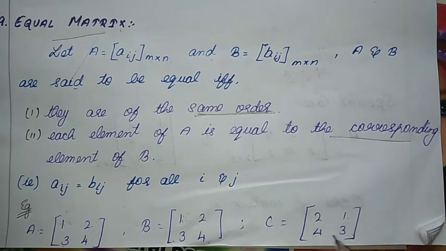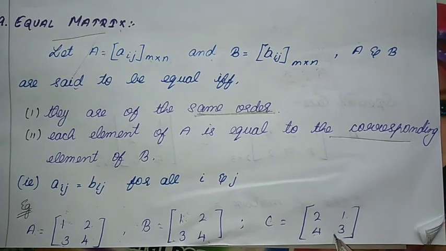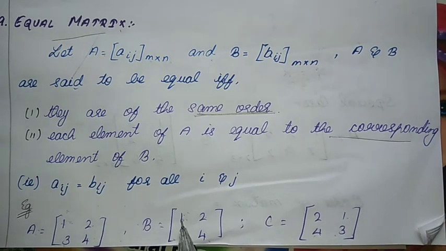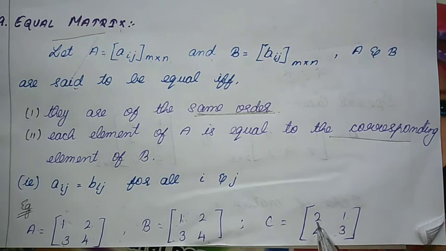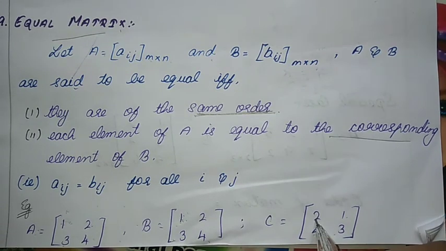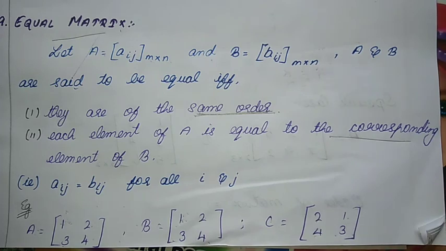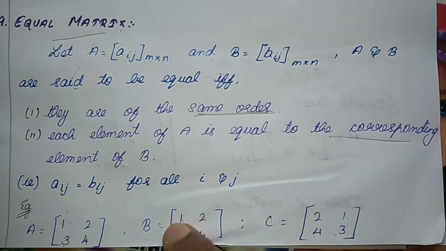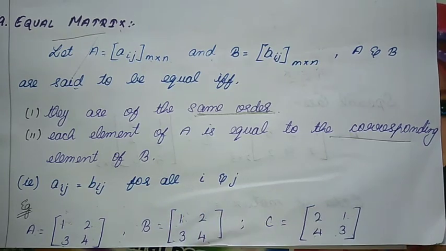Every element in A is equal to every element in C. But are the corresponding elements equal? See, here I have 1, here it is 2. So a11 is 1, here a11 is 2. There itself it is not equal. Therefore these two matrices are not equal.